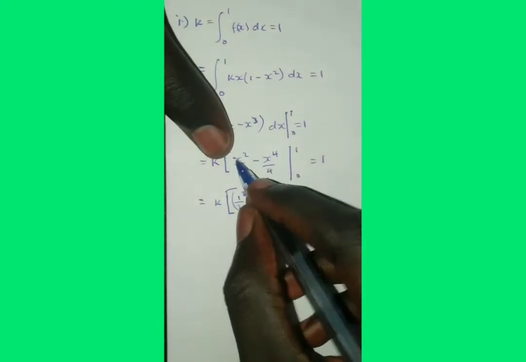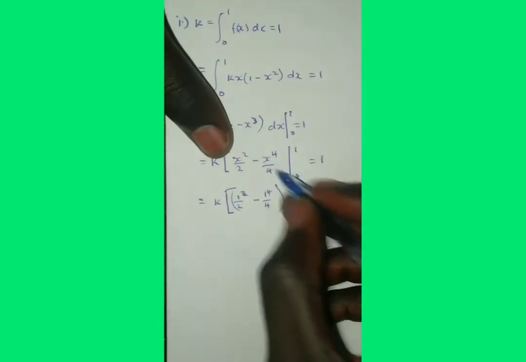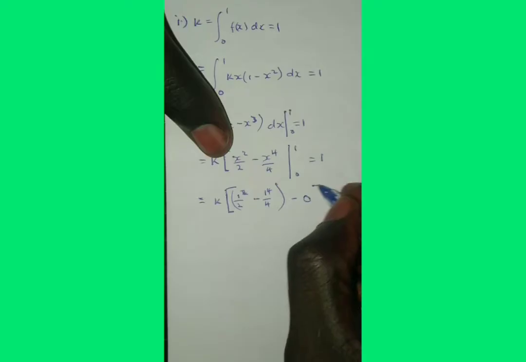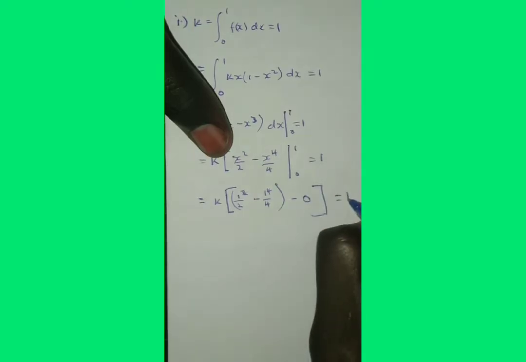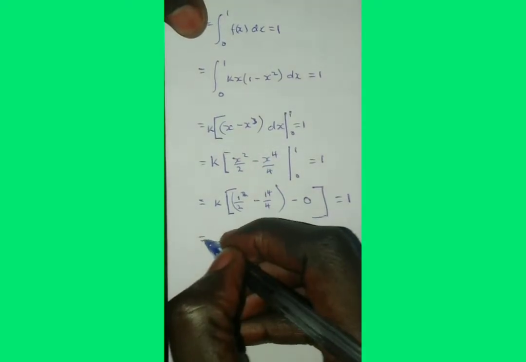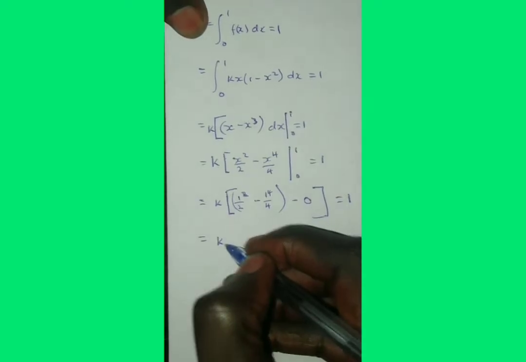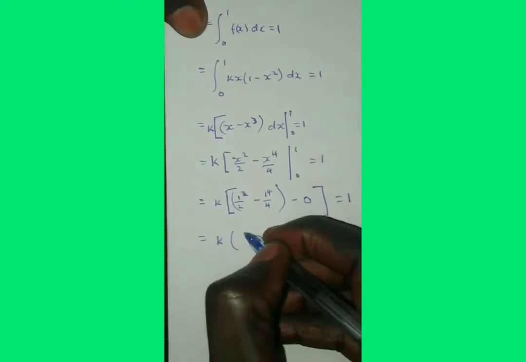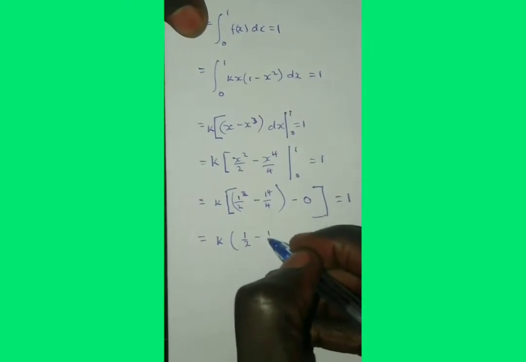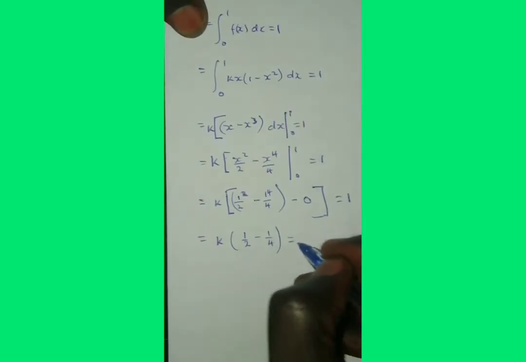This means this will be 0, this will also be 0. So opening the bracket, k into a half minus 1 over 4 equals 1.